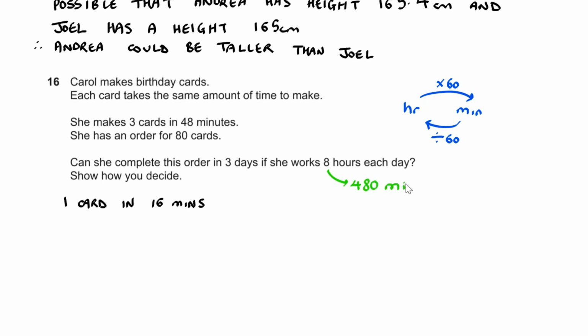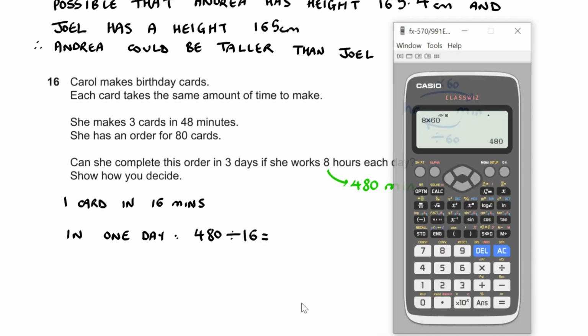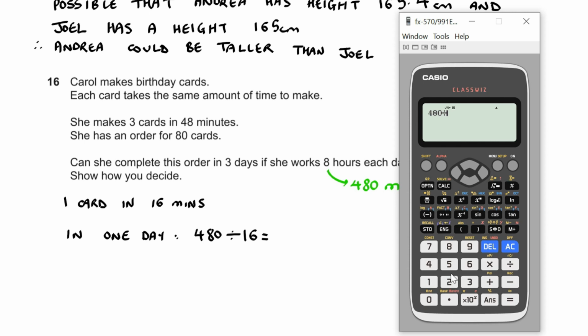So she works 480 minutes each day. So therefore we can find out how many cards she can make in 1 day: 480 divided by 16, this is 30. So she can make 30 cards in 1 day.